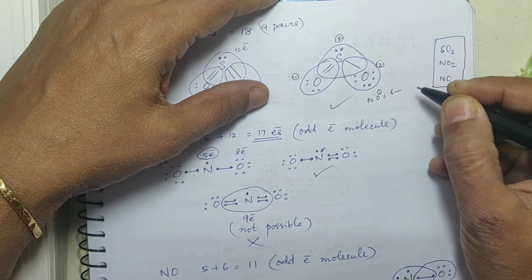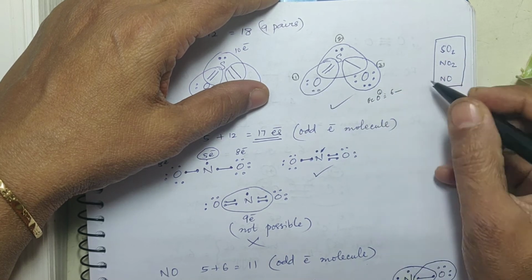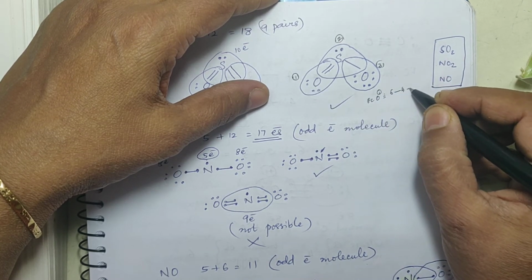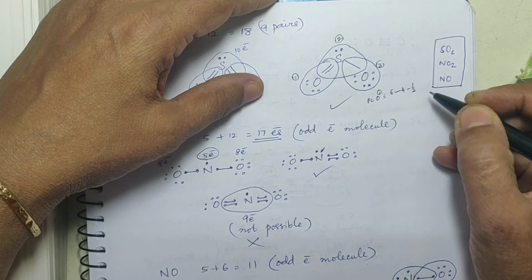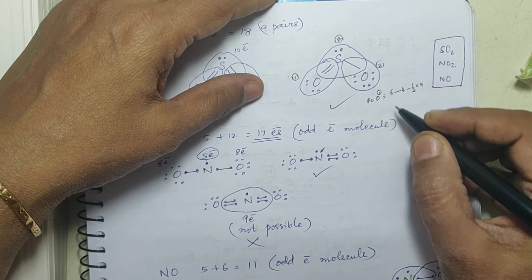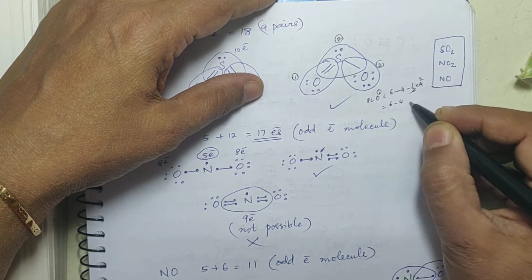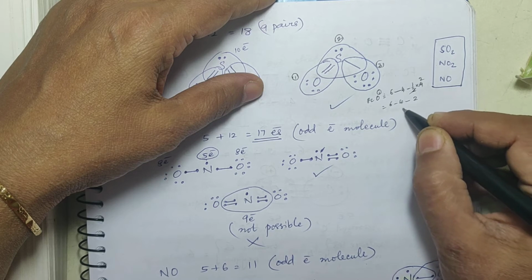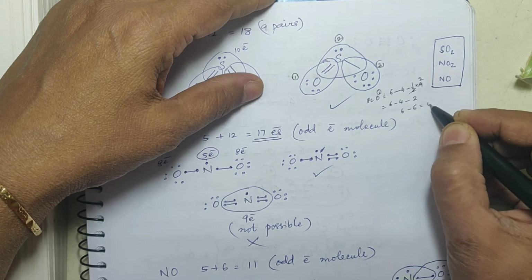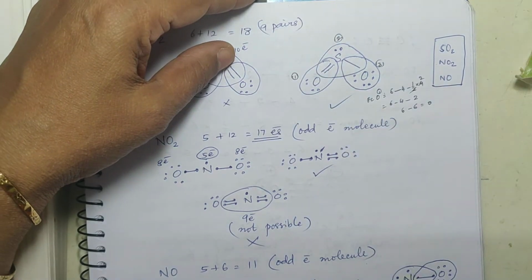Then minus total number of electrons as lone pairs. Lone pairs, they are 2 plus 2, 4. So 4 minus half into total number of shared pairs. Shared pairs are also 4. So half into 4. This will give you 6 minus 4. So 6 minus 6 equal to 0. So there is no charge on this oxygen.